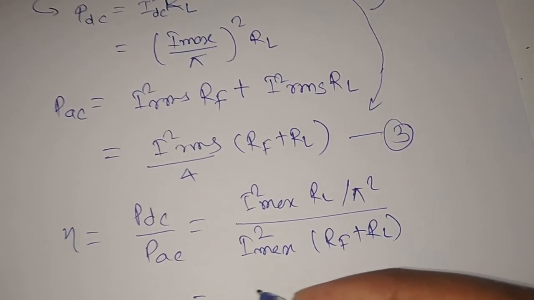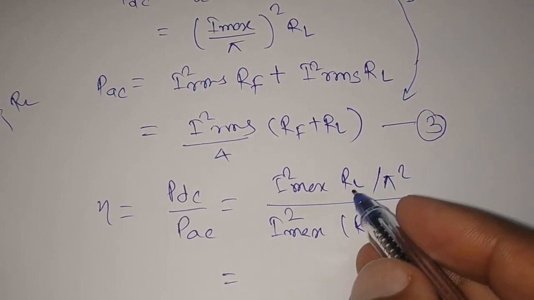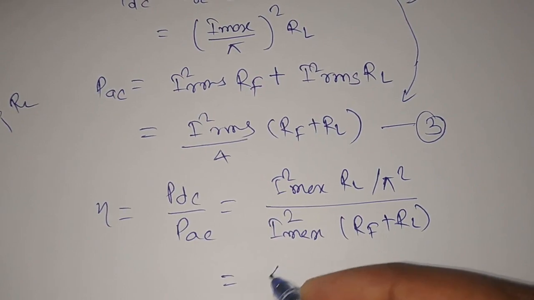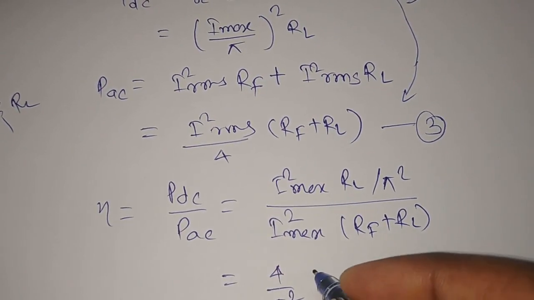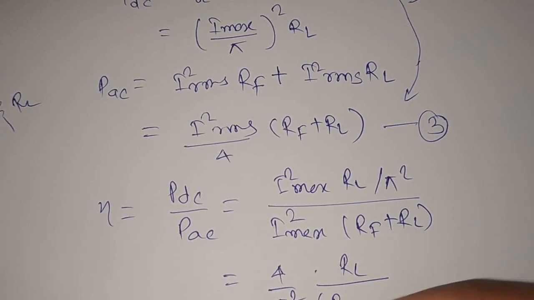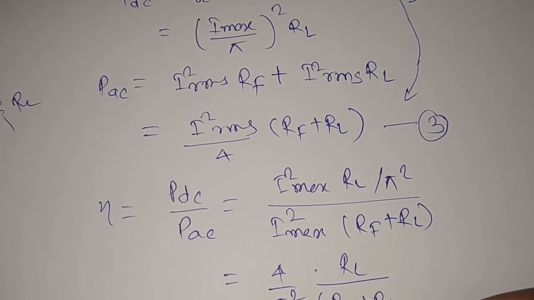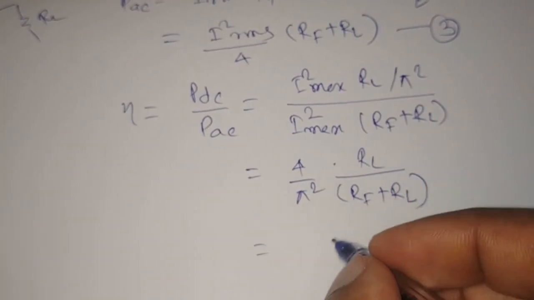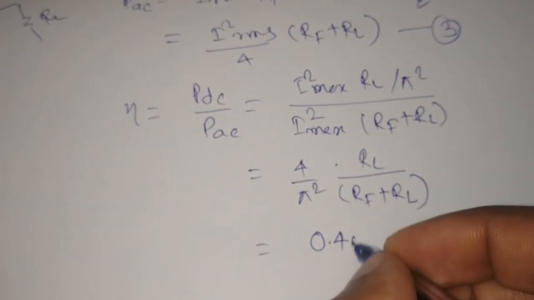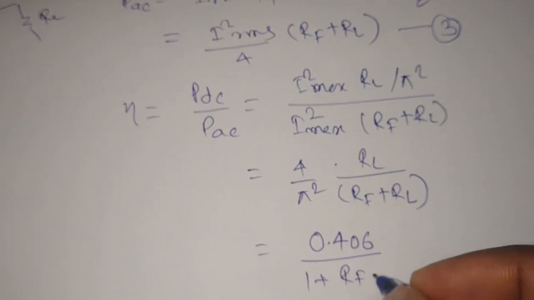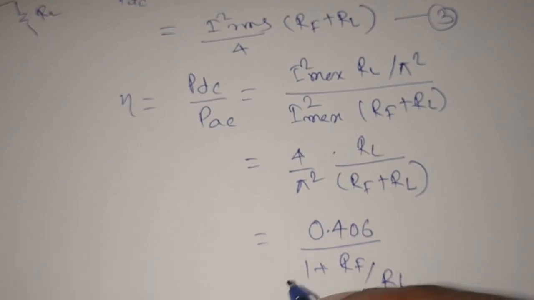which will be equal to, if we solve this value, we get 4 upon pi square into RL by RF plus RL. Again if we simplify it we get 0.406 by 1 plus RF by RL.